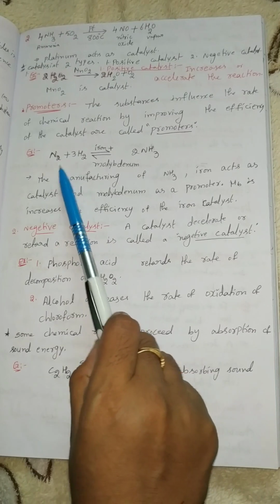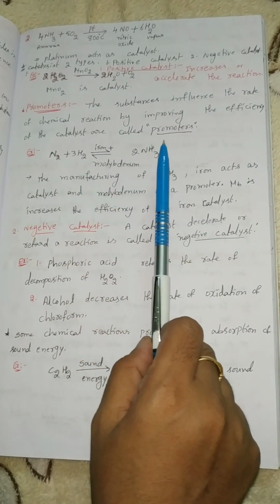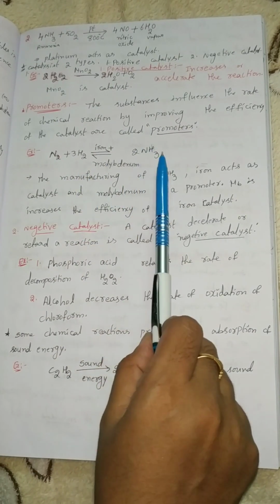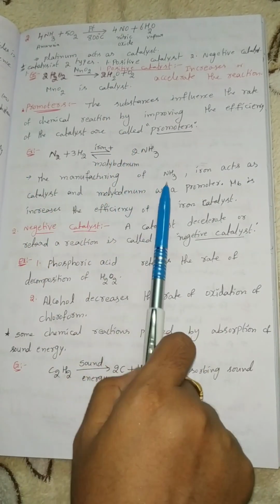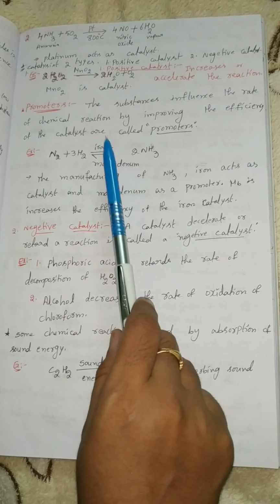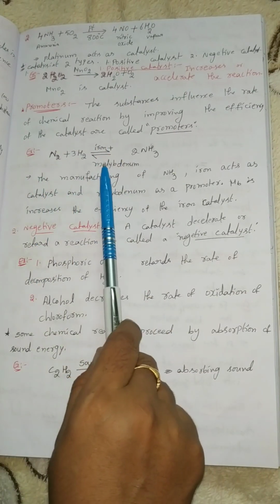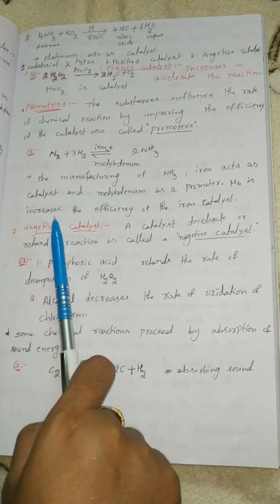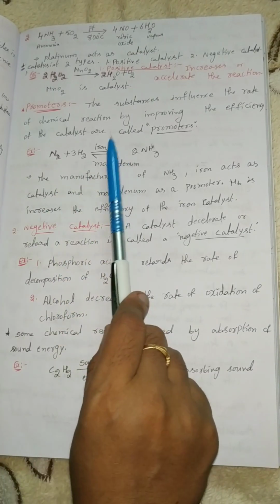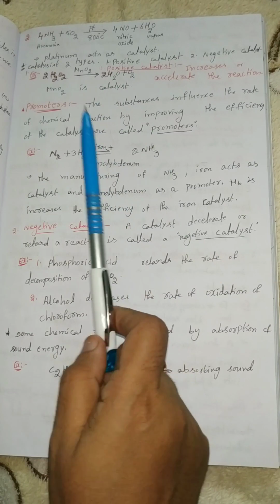For example, nitrogen and hydrogen form ammonia. In the manufacturing of ammonia, iron acts as the catalyst, but molybdenum acts as the promoter. It means molybdenum increases the efficiency of the iron catalyst.